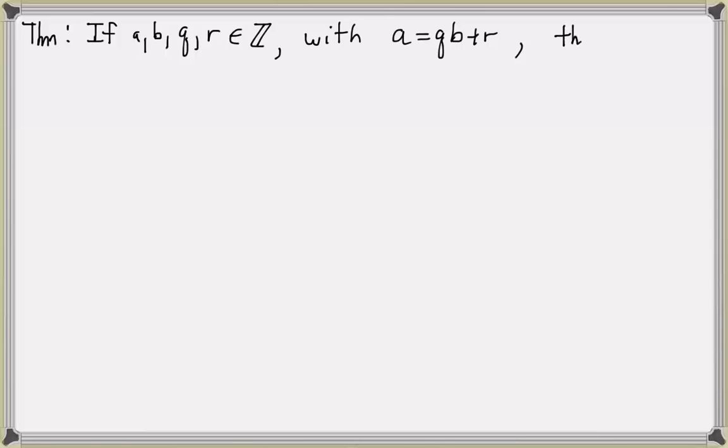For integers a, b, q, and r, so if a, b, q, and r are integers, with a equal to qb plus r, then the greatest common divisor of a and b equals the greatest common divisor of b and r.